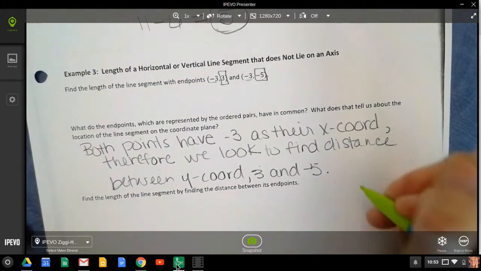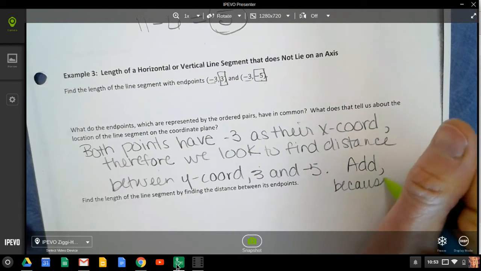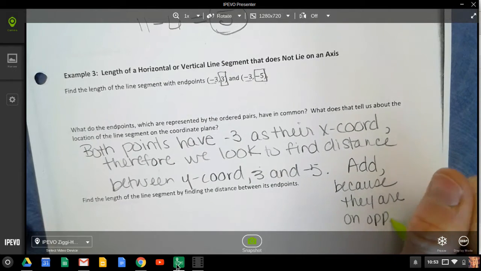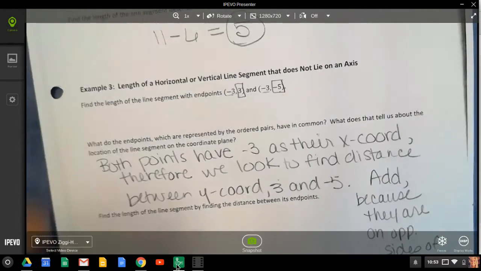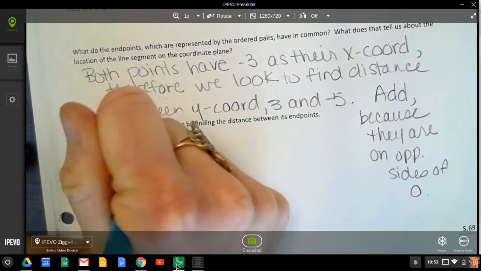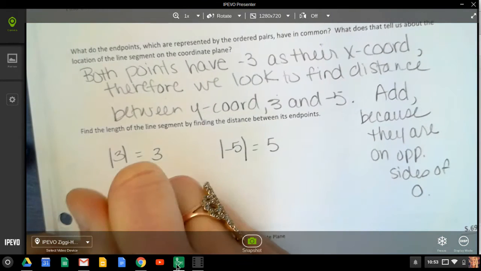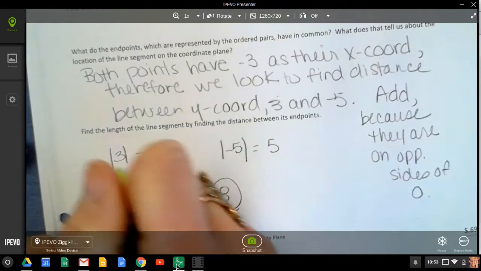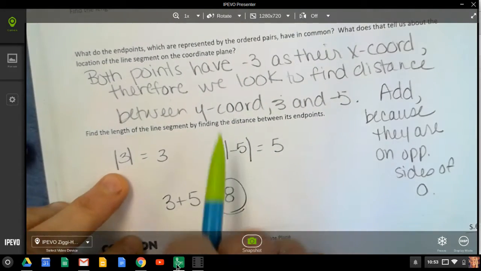Okay, we're going to add because they are on opposite sides of 0. Okay, so let's find the length. We're going to find the absolute value of 3, which is 3, and the absolute value of -5, which is 5, and we're going to add them because they are on opposite sides of 0, because this is a negative and that's a positive. Okay, so I hope you understand the difference between adding and subtracting.